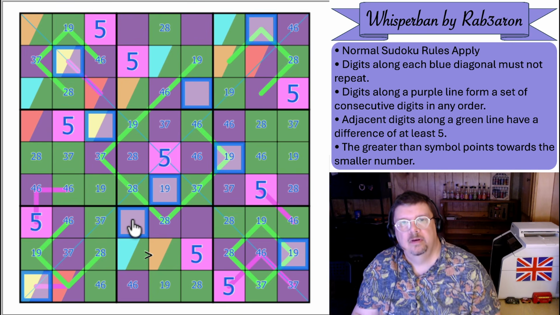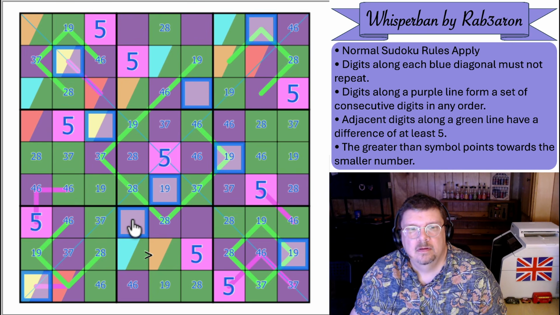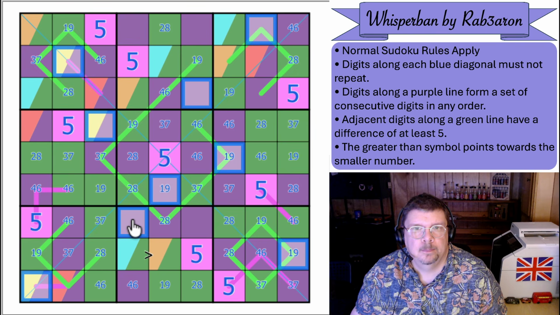Those would all be purple 1, 9s if orange were 4, 6.